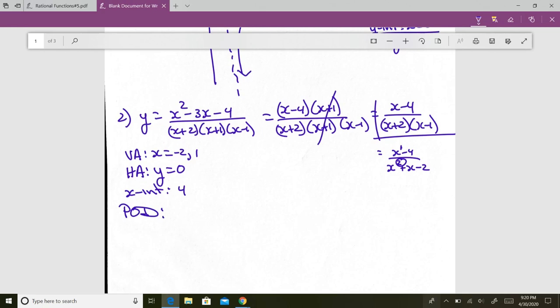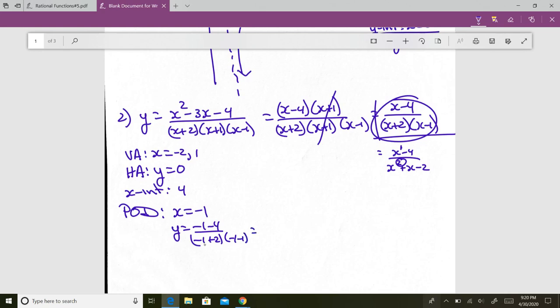The POD is what cancels. So that is x is equal to negative 1. And if you want to know the value of y at the point of discontinuity, plug it into what's left over. So y is equal to negative 1 plus 2, negative 1 minus 4.